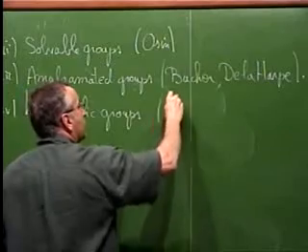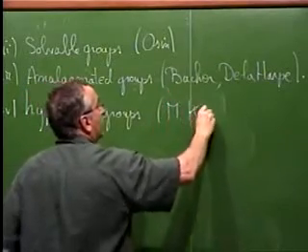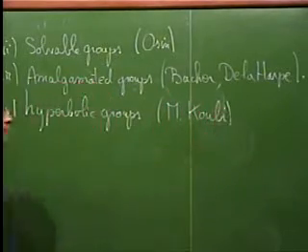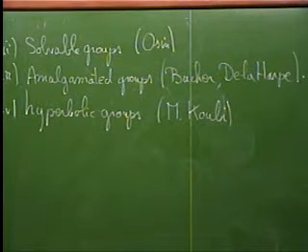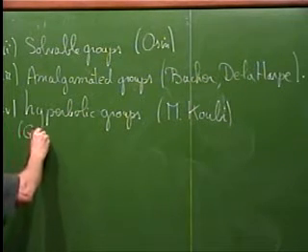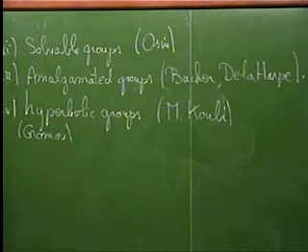It's a result which is due to Koubi. And what is a hyperbolic group? As Hervé said yesterday, it's a group for which the Cayley graph is Gromov hyperbolic. So by hyperbolic, I mean here Gromov hyperbolic. It's quite a general situation.